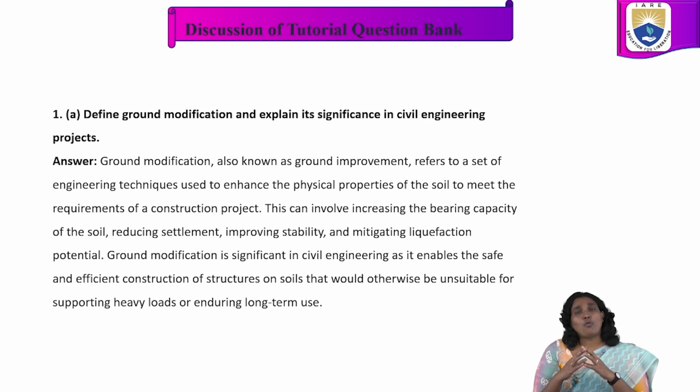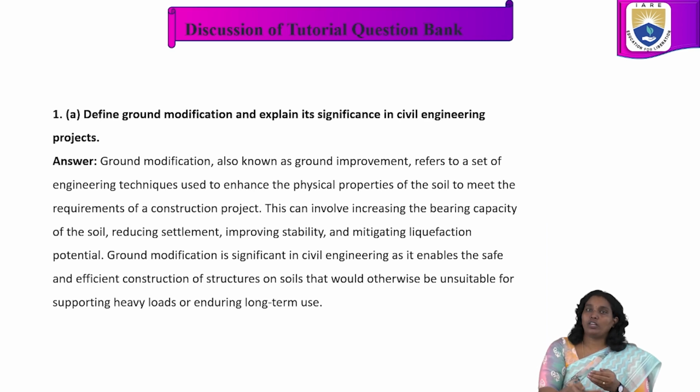Ground modification may be required in n number of different ways. In agriculture it is used differently, but here they are asking as per civil engineering projects. Now, how we write depends upon how many marks the question carries, whether 14 marks, 7 marks, 5 marks or 2 marks; we have to enlarge the answers accordingly.